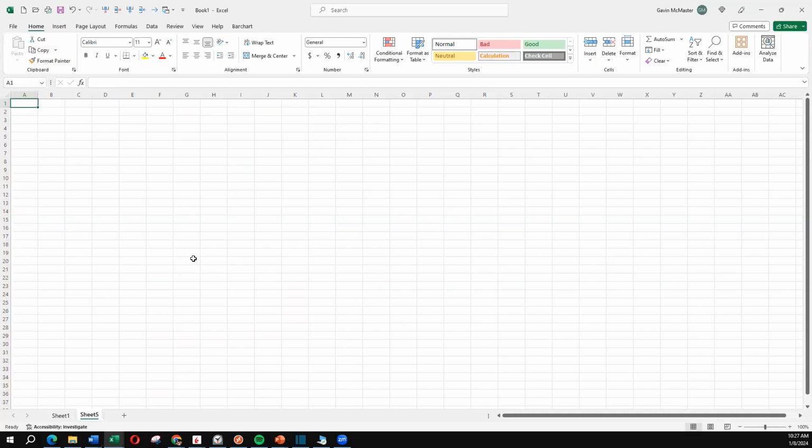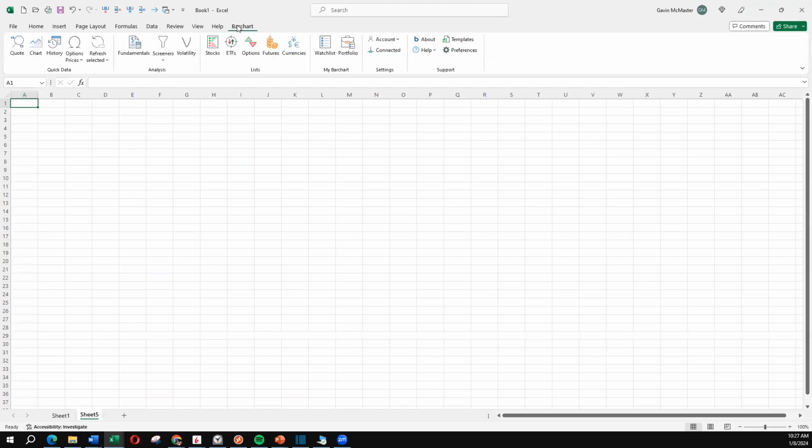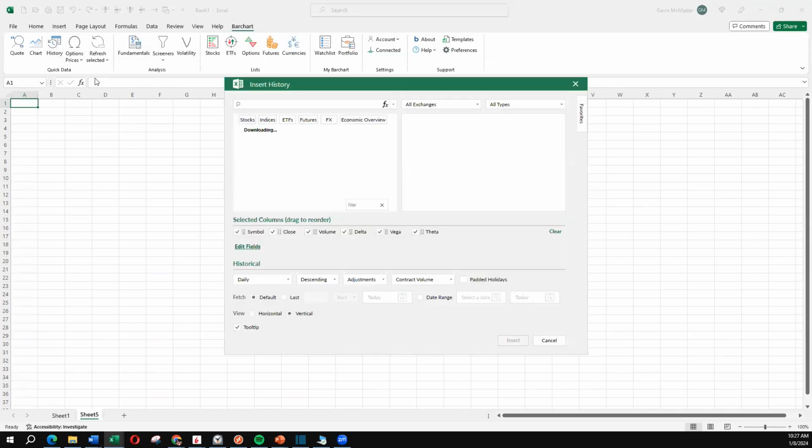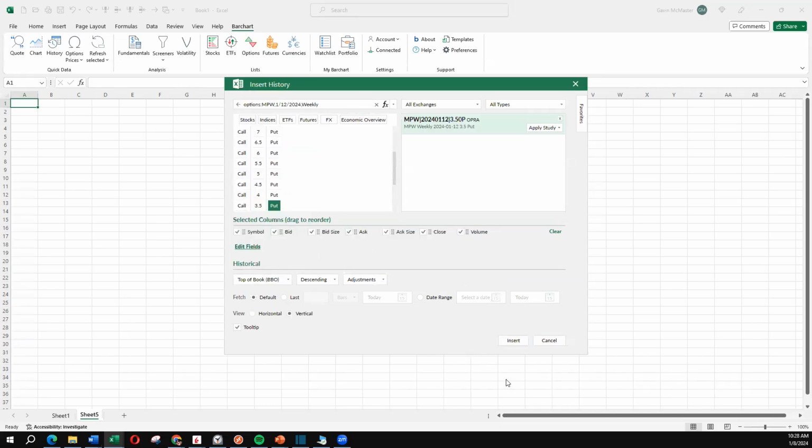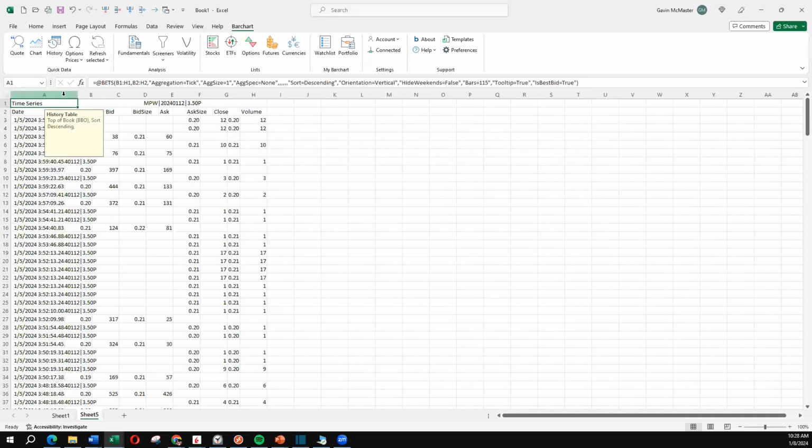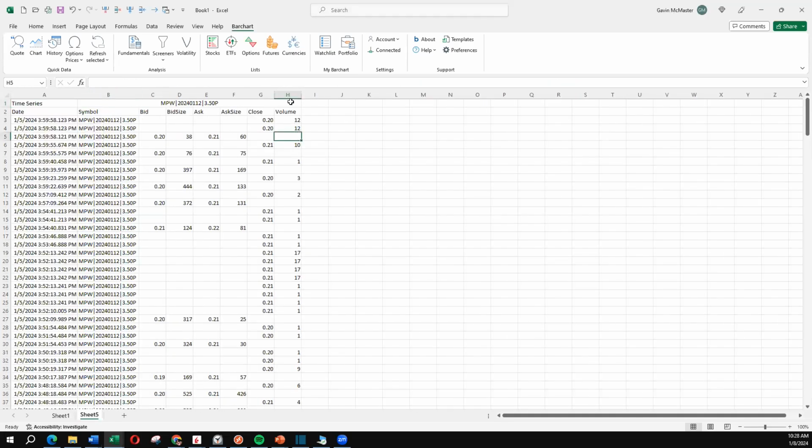The next one was another MPW $3.50 put for the January 12th expiration. So we'll do the same process. Bring in our $3.50 put. And the max volume was 200.